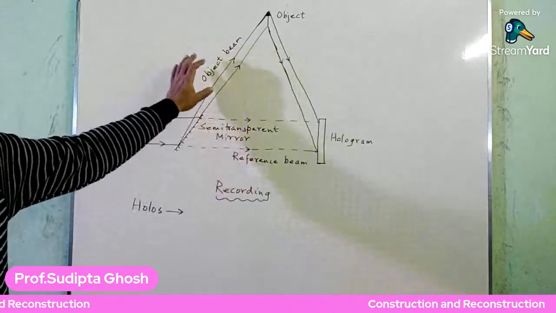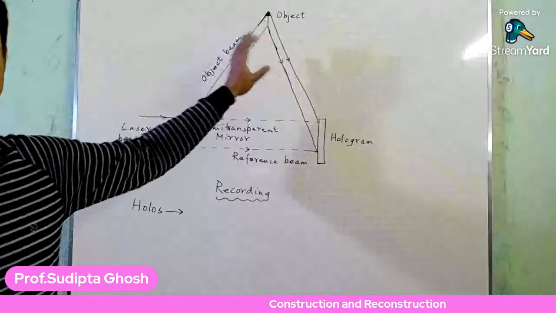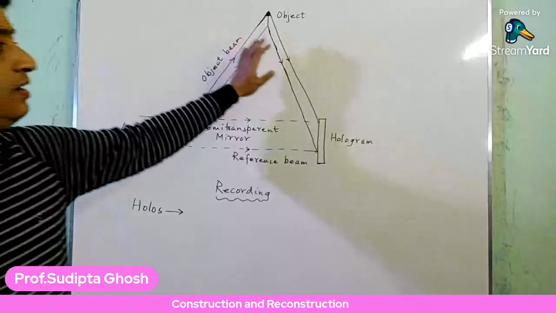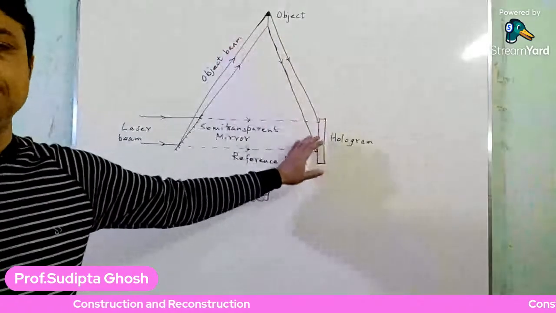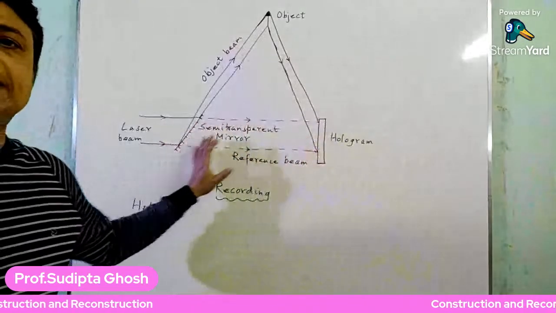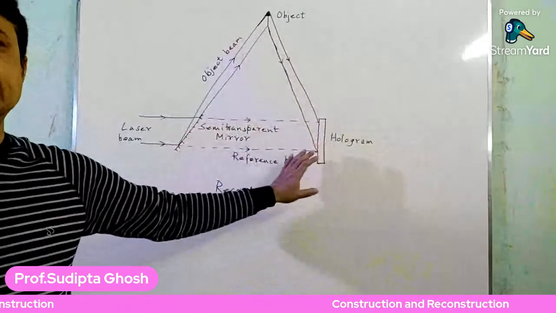Now this object beam, when scattered by an object, falls onto the film, on which the reference beam is also incident.